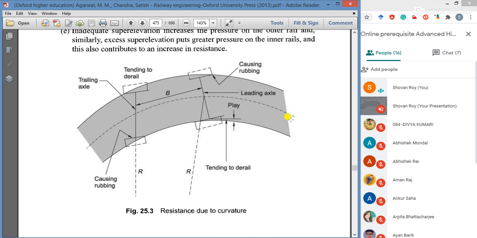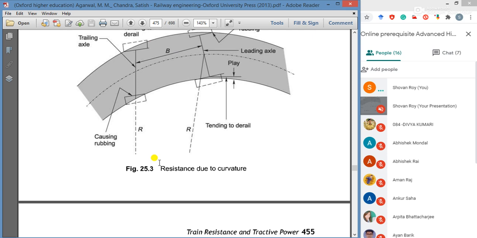The same figure is given, with various reasons, for understanding the resistance due to curvature.